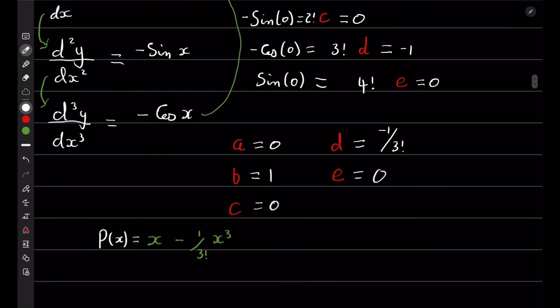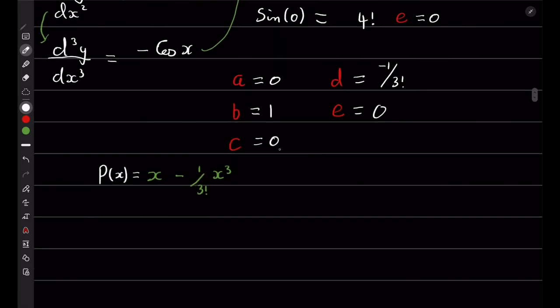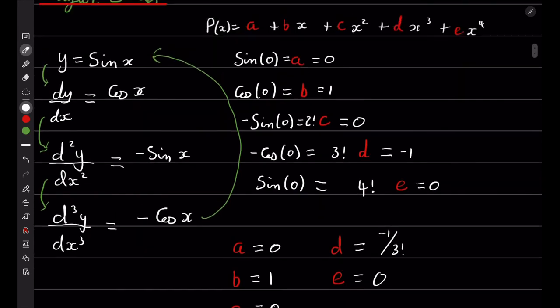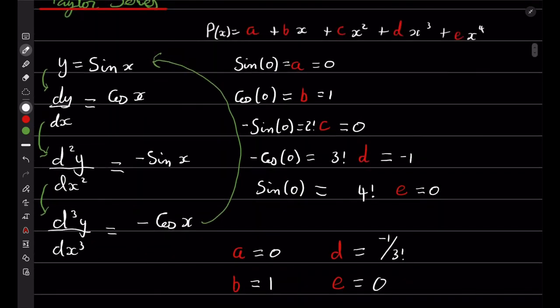This pattern, by the way, is going to be 0, 1, 0, a negative value, then 0, and then a positive 1, then 0, then a negative value, going on. And of course the factorial just adds up: 3 factorial, 5 factorial, because you're skipping all the even numbers of factorial. And this is only for sine.